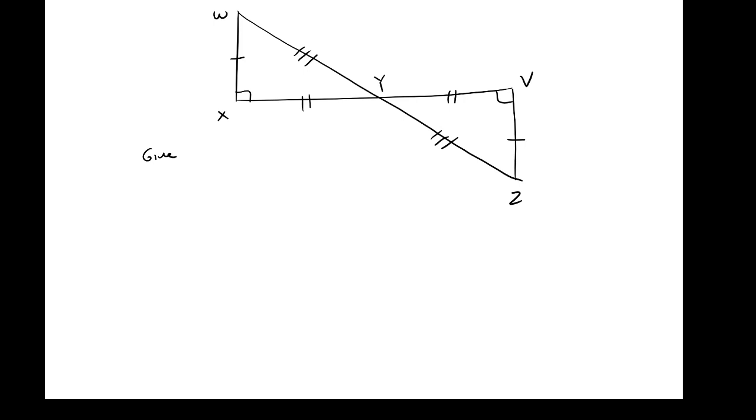And we are going to show the following. First of all, we've been given a lot of information. We've been given that angle X and angle V are right angles. Moreover, we've been given a bunch of congruent segments: WX congruent to VZ, XY congruent to YV, and last but not least, WY congruent to YZ.